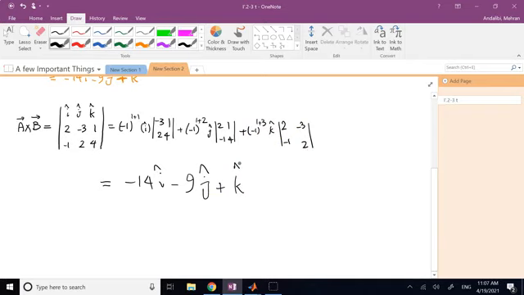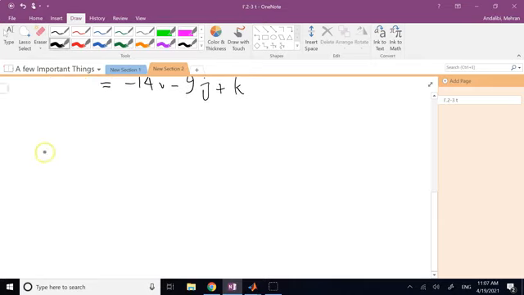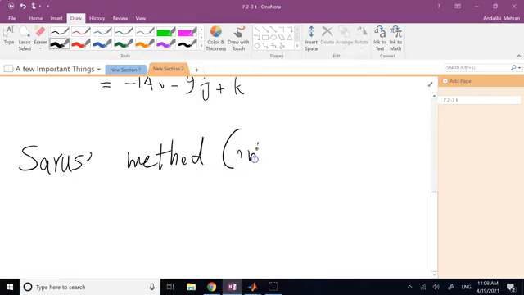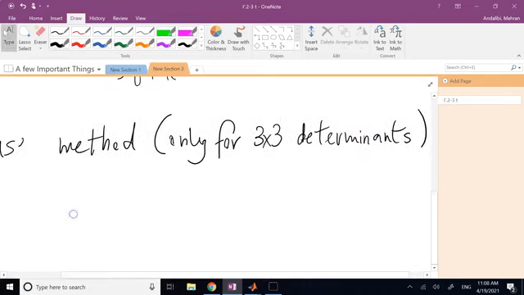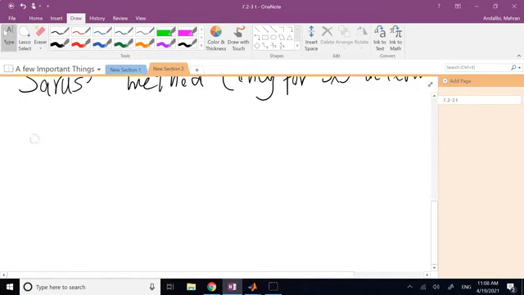And it's relatively good, relatively fast if you do it, but you have to do all of these minors and expansions and everything. Now, Sarrus's method, which is only applicable for 3 by 3 determinants, not higher orders, is the method that can make life a lot faster.